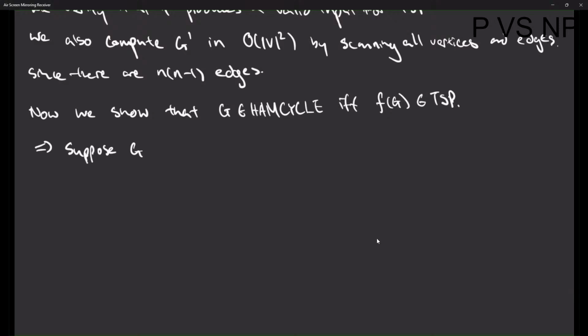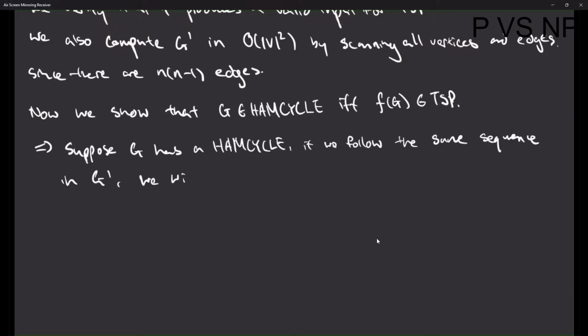Okay, so actually, if we suppose G has a Hamilton cycle, if we follow the same sequence in G prime, we will get a path of weight n solving the TSP.